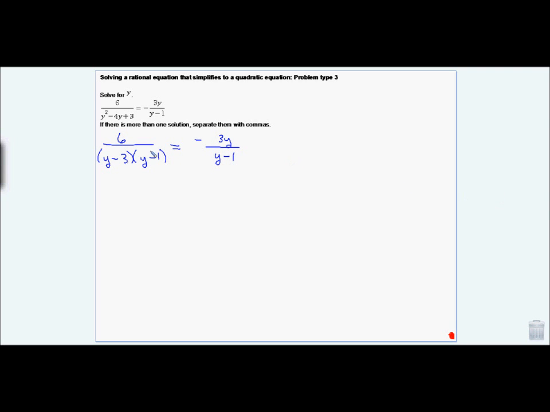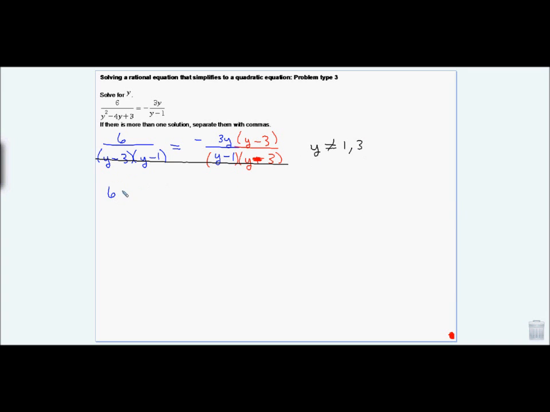I have y minus 3 and y minus 1, so I need to give this side a y minus 3. And again, I now have denominators that match perfectly, so we don't have to pay any attention to those other than to know that y cannot equal 1 or 3, because we can't have a 0 in the denominator.